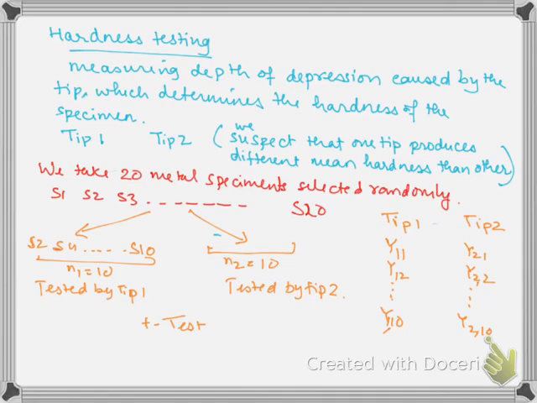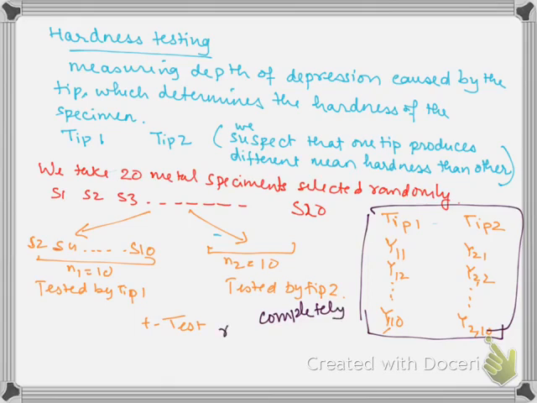So this is what is called a completely randomized design, or CRD as we call it. And we're going to use a t-test, or we could use the analysis of variance approach too.